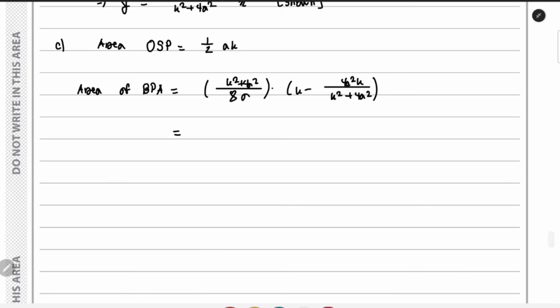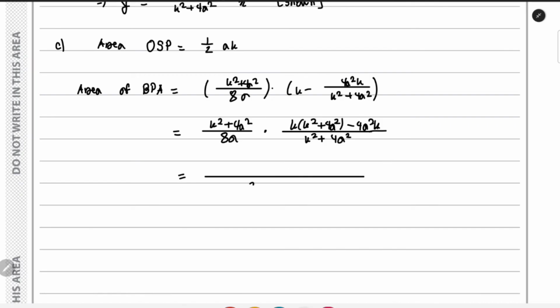Now I need the ratio of the areas BPA by OSP, but before that I'll simplify the area for BPA. I have k square plus 4a square divided by 8a multiplied by, I'll turn this into one single expression with the same denominators. So I'll have k times k square plus 4a square minus 4a square k, and then we multiply both. I have 8a times k square plus 4a square.